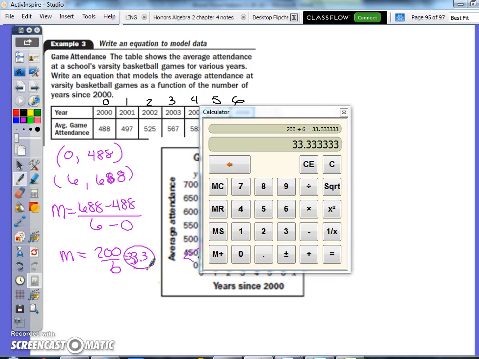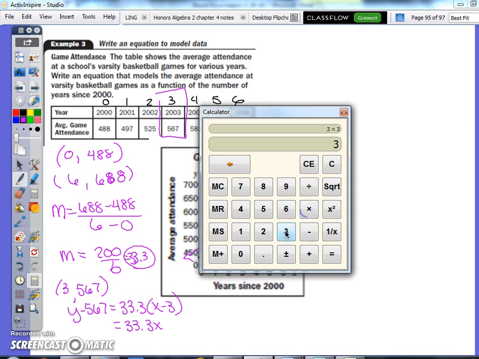Pick a point, any point. So, I don't know, I'm just going to pick the one I boxed. And the point is 3 and 567. So you say y minus 567 equals 33.3 times x minus 3. Get your calculator. 33.3 times x. And then 3 times 33.3. Look, 99.9.